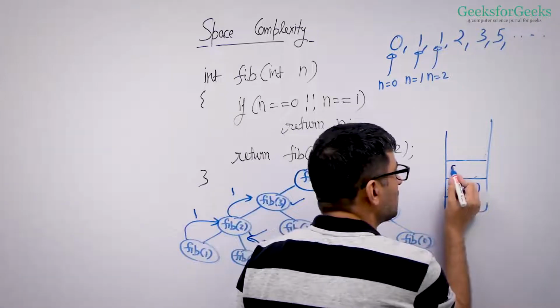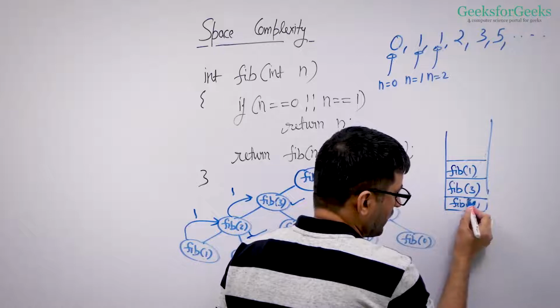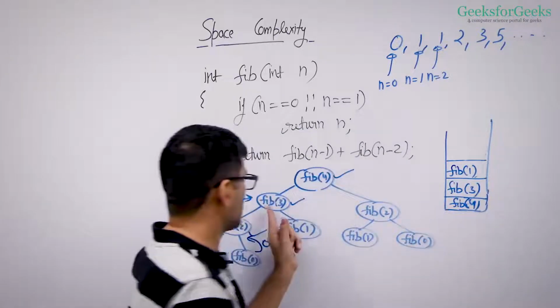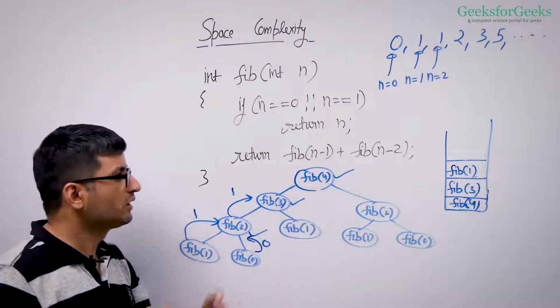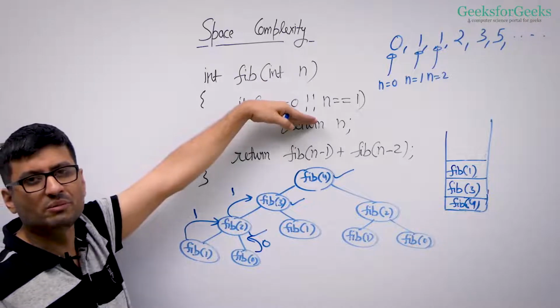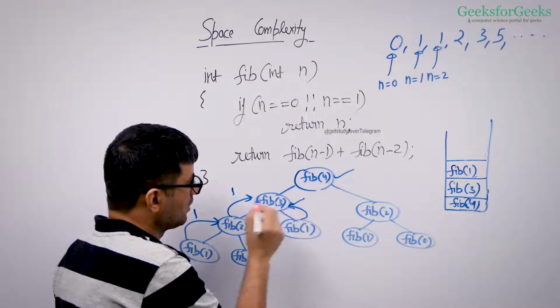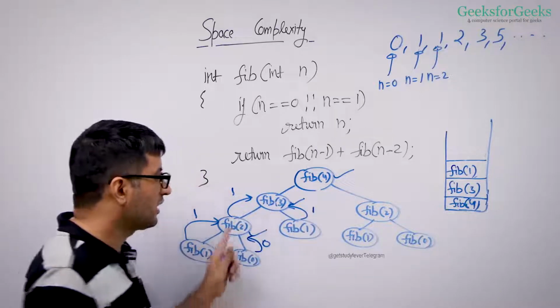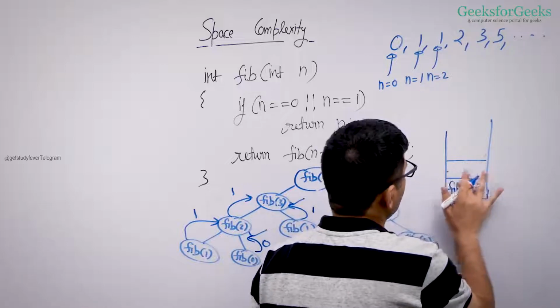Because Fibonacci 4 has made a call for the right side, this is the new recursion tree path from root to a leaf. Now Fibonacci 1 finishes its execution because it's in the base case and returns the value 1 to its parent, right? So Fibonacci 1 goes out of the recursion call stack.